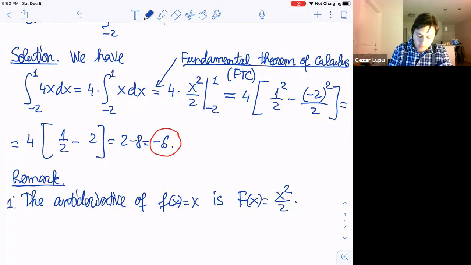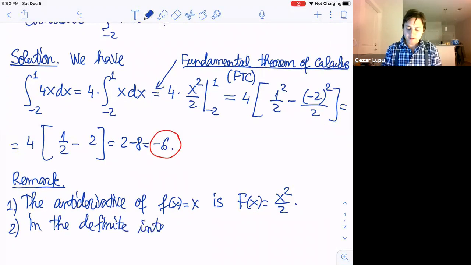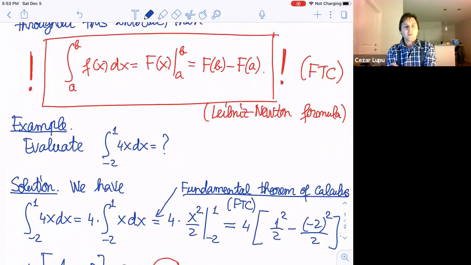So this is 1, 2. Also notice that in the definite integral, because one of you might ask now, what happened to that constant? Remember that when we computed the indefinite integral, if you look at the fundamental theorem of calculus, of this formula, what happened to that constant? Well, we don't need that constant. When we deal with a definite integral, there's just a number. But when we have an indefinite integral, we'll have the antiderivative plus c.